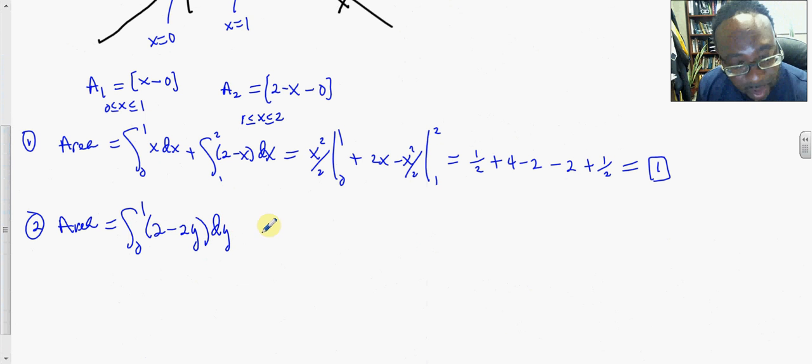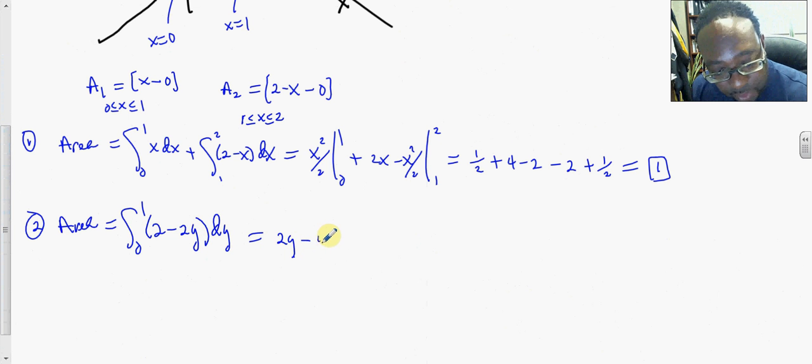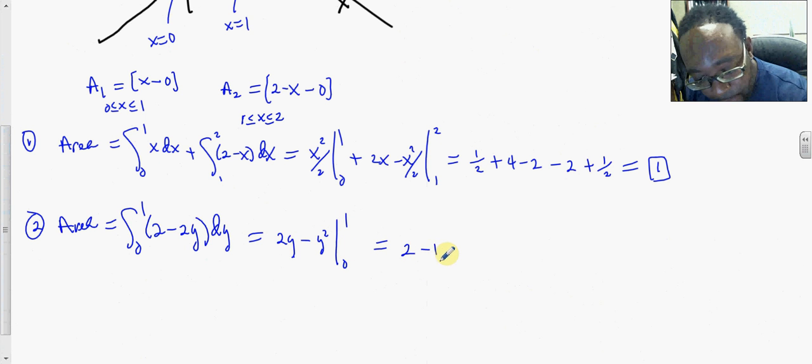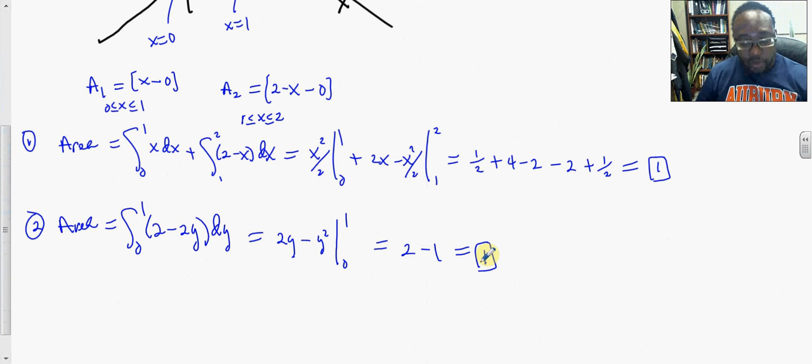With respect to dy, integrate here. This is 2y minus 2y squared divided by 2, that's just y squared. Evaluate that from 0 to 1. We get 2 minus 1. We get 1. So either way you do it, you get the same thing.